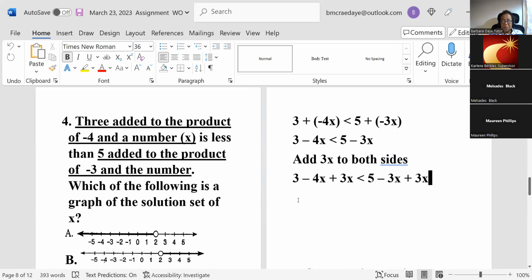Now, Maureen, what do we have on the left side once we add that 3x? 7x. A minus 4x and a 3x? Or minus 7. That's not a minus. Unlike signs, you subtract. Oh, yeah.